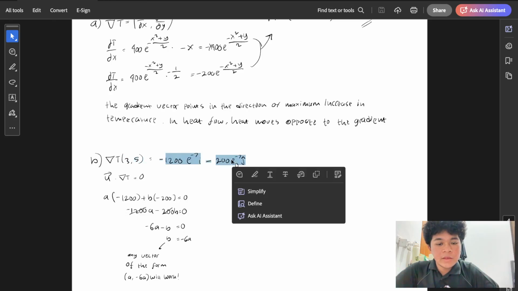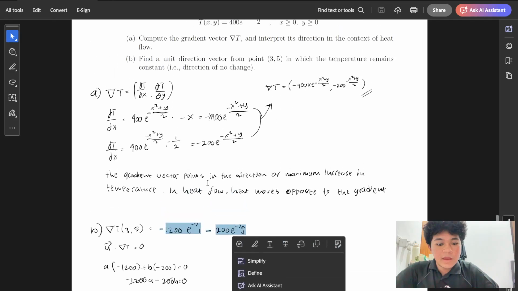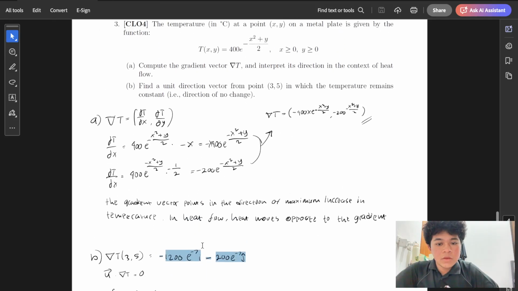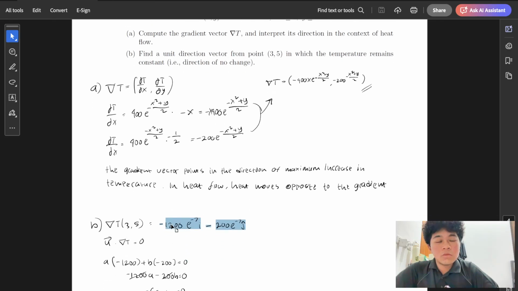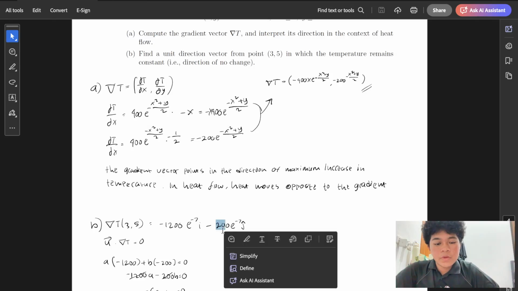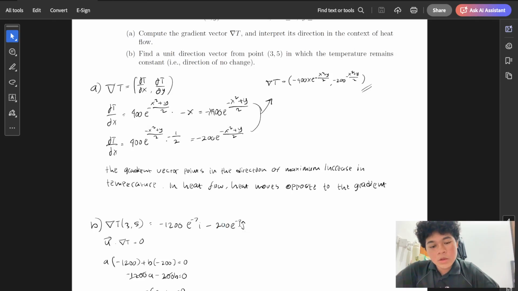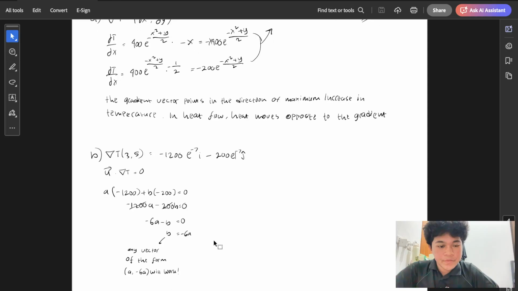We will get this. We just change x equal to 3, so minus 400 times 3, minus 1200 times exponential to the power of minus 7, minus 200 times exponential to the power of minus 7. We have to set this equal to 0.